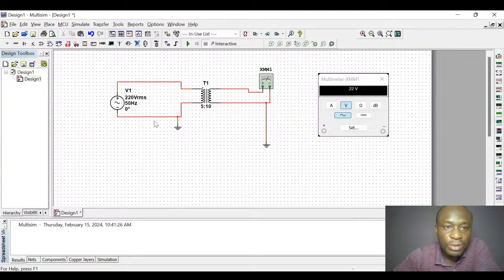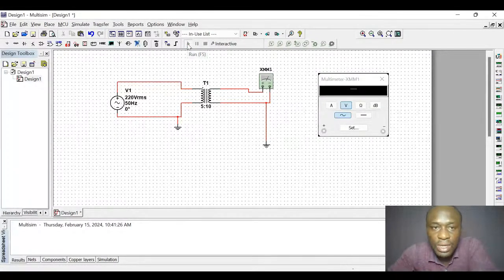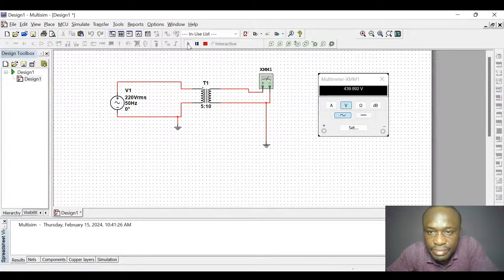And we run this simulation using 220 volts RMS by 50 Hz. And look at what we are going to have. Are you seeing it? It has increased this to 440 volts.